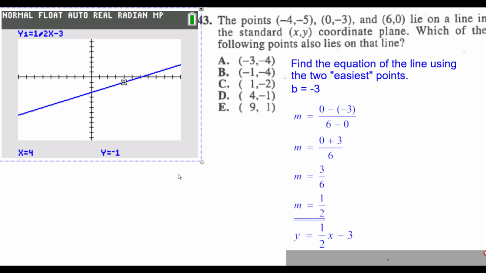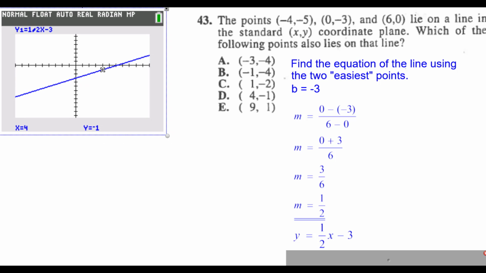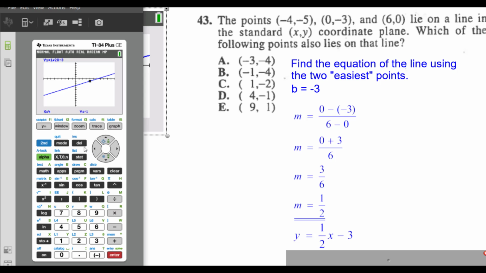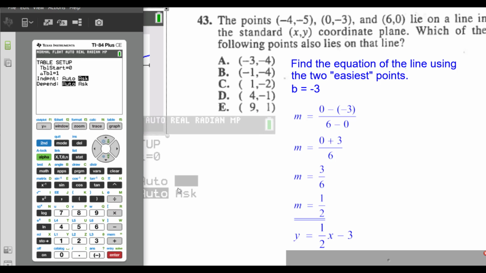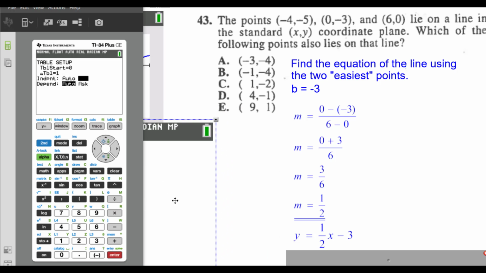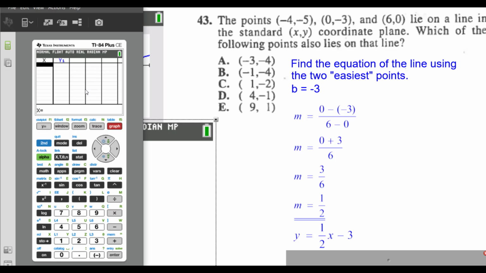I also could have used table here. Let me just show you how you could use table here, using a feature not many people realize. If you go to set your table and put the independent on ask mode, press enter on ask mode. Now when I go to my table, there's nothing there. It's waiting for me to ask.